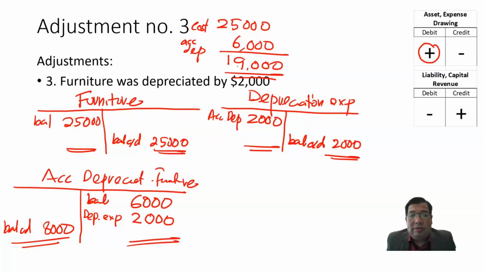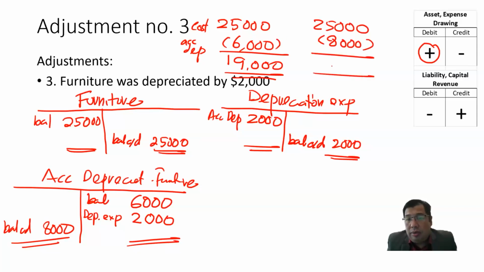So the cost of the asset is 25,000. What is the value of accumulated depreciation? It is 8,000. I'm going to put a bracket here. So now the value of your furniture is only 17,000. Always remember that depreciation reduces asset value. Let me repeat again, depreciation reduces asset value.